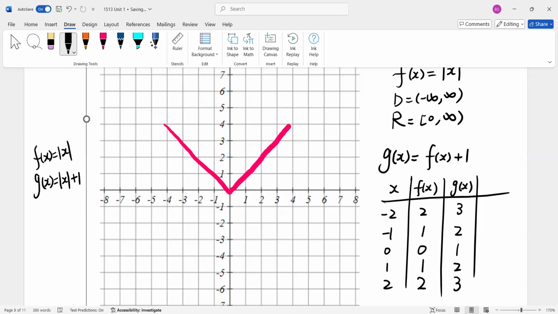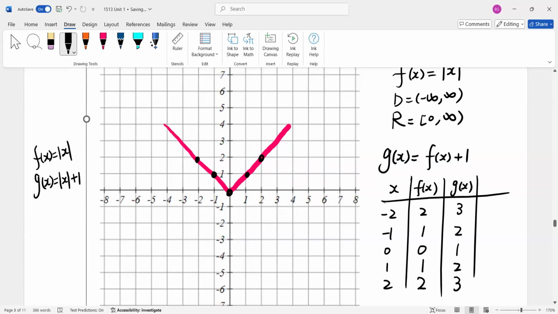So if we plot those points on the graph, the mother function has 0, 0 here, 1, 1 here, -1, 1, 2, +2, and -2, +2. Those are the 5 points on the mother function, right? And what about the daughter function?